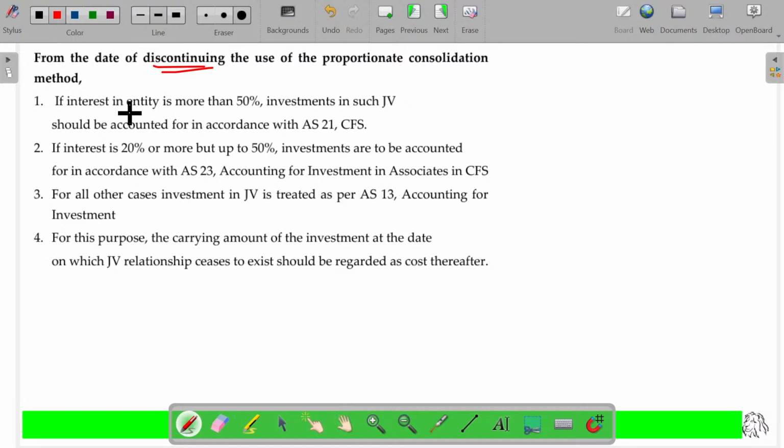Now, let's see. Interest in entities more than 50%. A Limited, XYZ Limited, 100 shares. A has invested 51 shares, more than 50%.